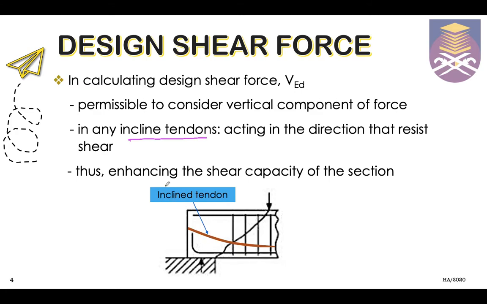That is why we are going to have that additional component. Here we are going to consider the vertical component due to this inclined tendon. Later in the example, we are going to see how to calculate that vertical component of force, which is also known as VT.